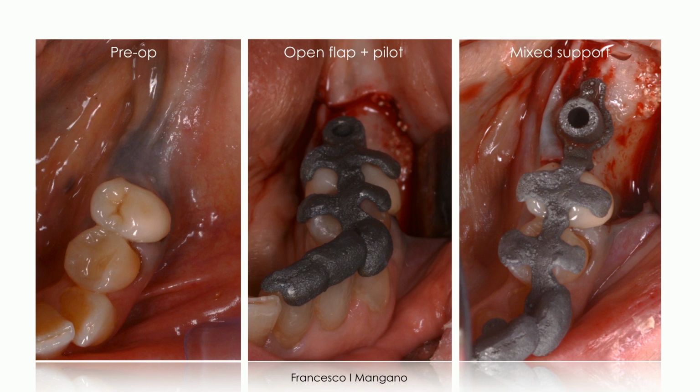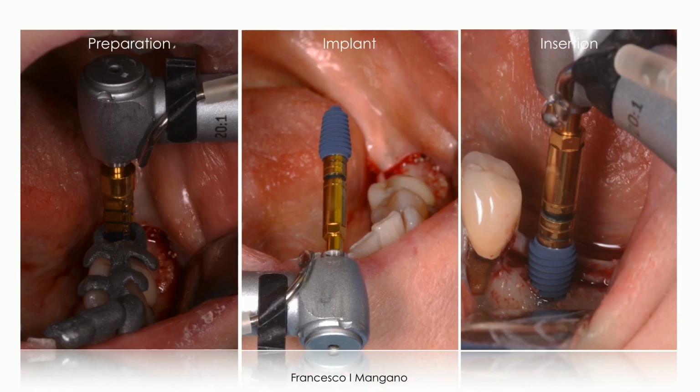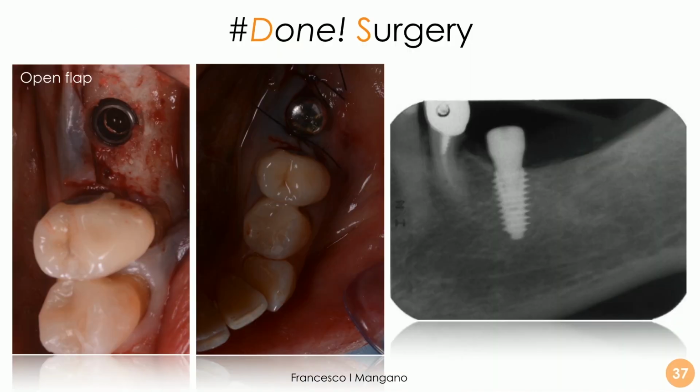We need to be careful not to have any motion artifact, because otherwise probably our process of planning will fail. And this is how it works. It's only a computer-assisted procedure. It's absolutely easy. The preparation is performed through the guide, and then the position of the implant. If there's no need, like in this case of immediate loading, we can place the implant not through the guide. And this is the final result of the surgery.